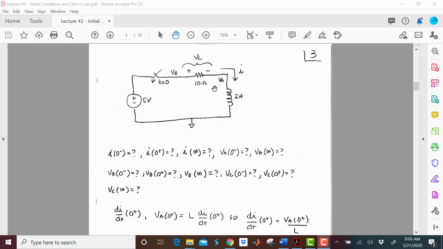So VA at 0 plus right here is going to be 5 volts. So di dt at 0 plus is going to be 5 divided by 2. I think that's 2.5, right? Is going to be di dt.